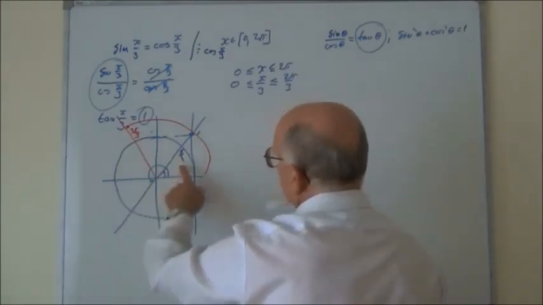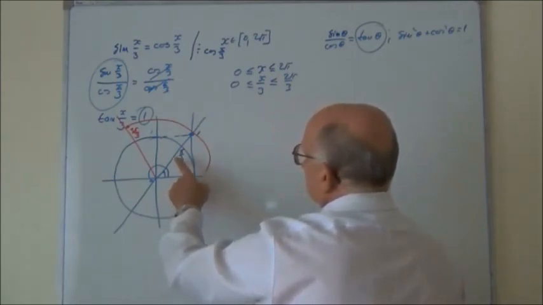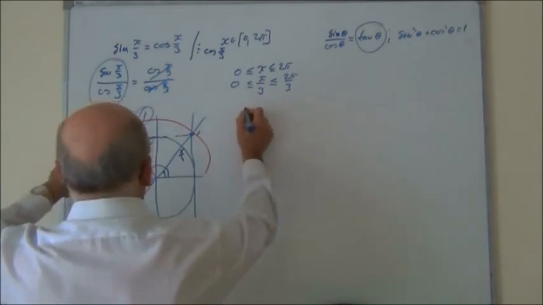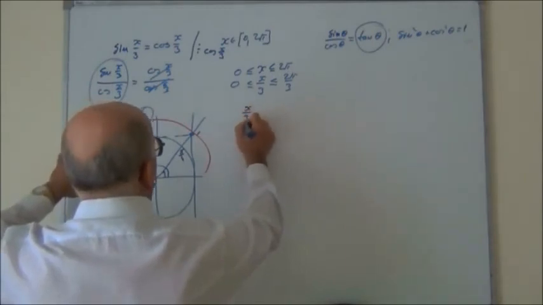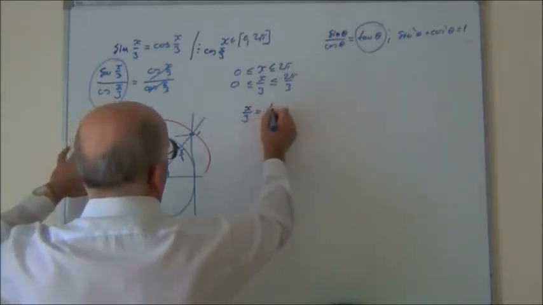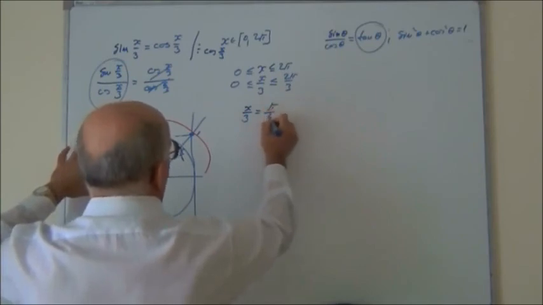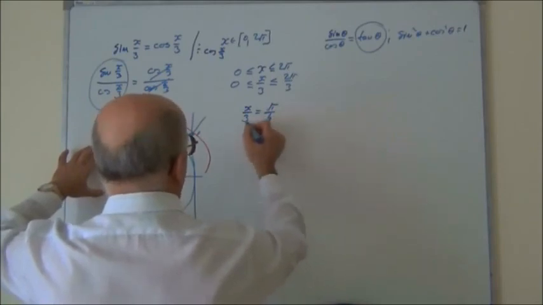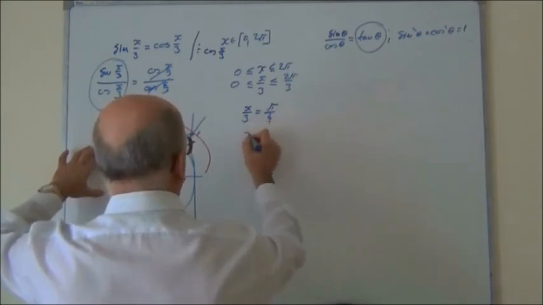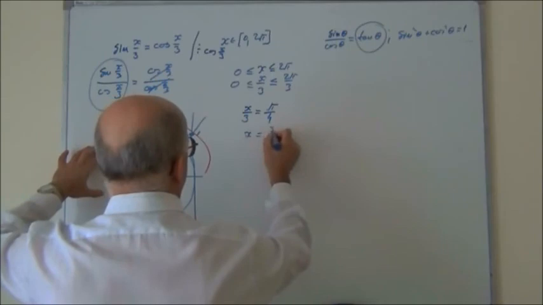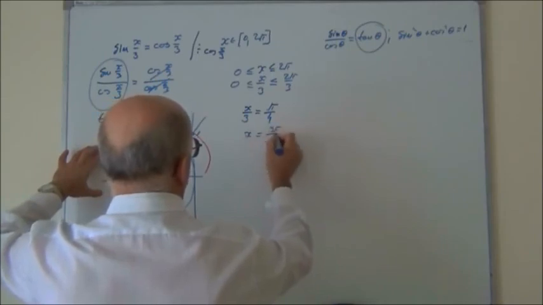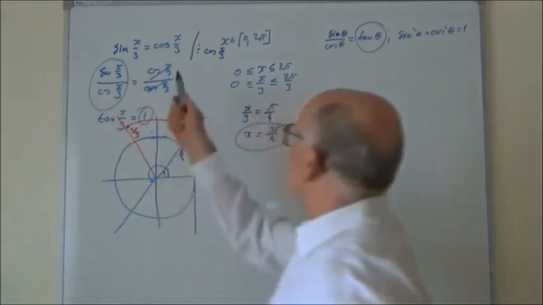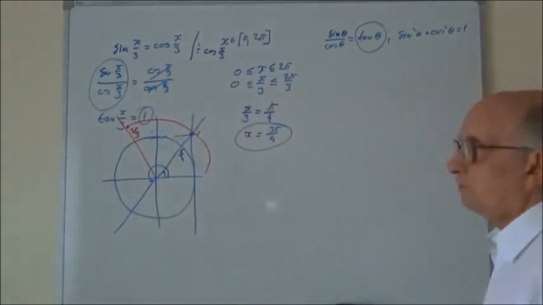So there is only one solution to this equation, and that is the angle pi on 4. And we can write x on 3 equal pi on 4, and just to multiply everything by 3, we have x equal 3 pi on 4 as the only solution to this equation.